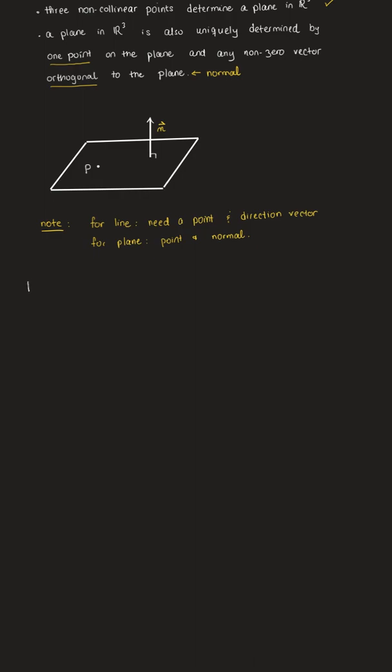All right, so how can we find the equation for the plane? First, if we have 2 points on the plane, we will take a vector from the point that we do have, let's call it x sub 0, y sub 0, z sub 0, to a general point, any other point on the plane.